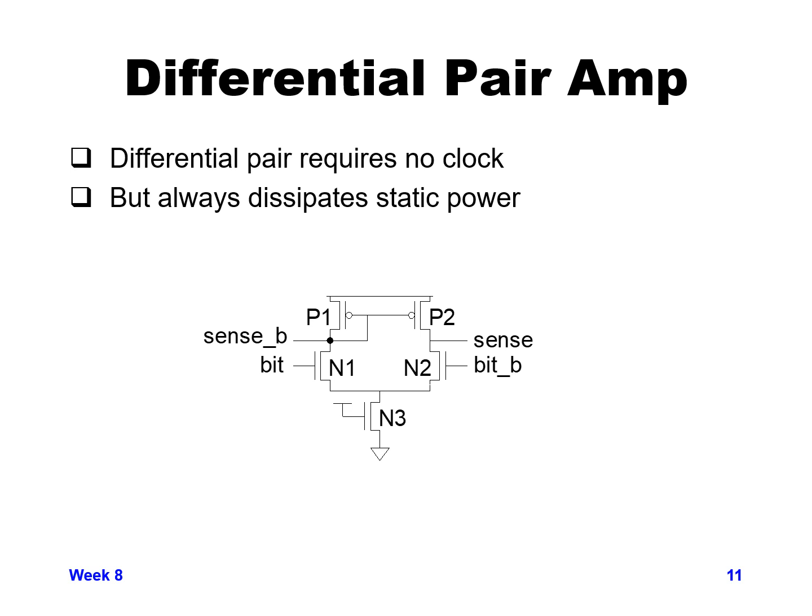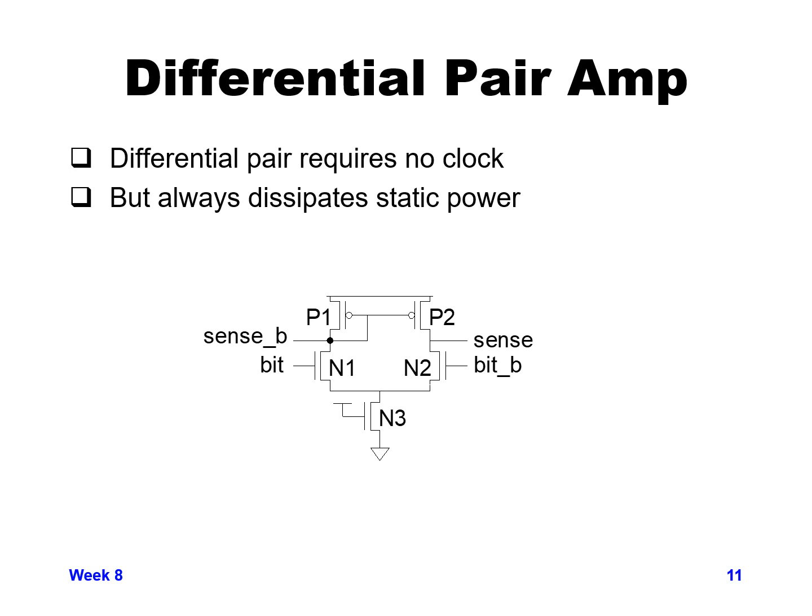We can sense a fairly small difference between bit and bit bar, and that will cause sense and sense bar to be pulled either up close to VDD or down close to ground, and then we can send sense and sense bar into normal inverters, for example, to get a fully rail-to-rail signal for our output to be high or low.